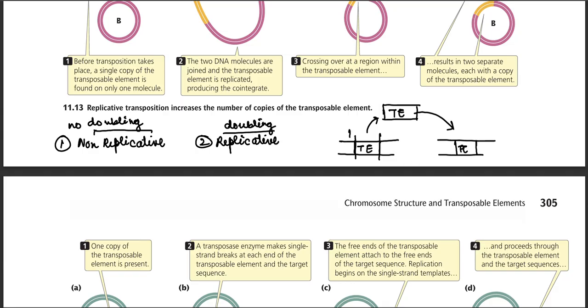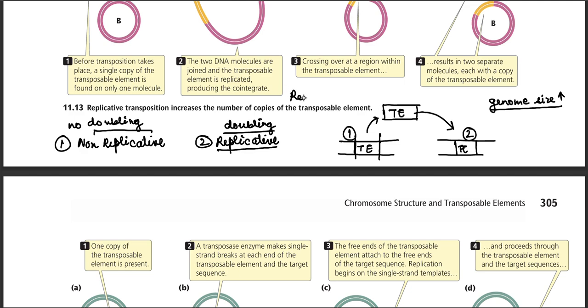So you will have two copies of the transposable element now. So we can clearly say that through this replicative way, the overall genome size keeps on increasing, because whenever the transposition occurs, the genome size will increase because the replication will take place. So these are the two broad ways: one is through non-replication and one is through replication.